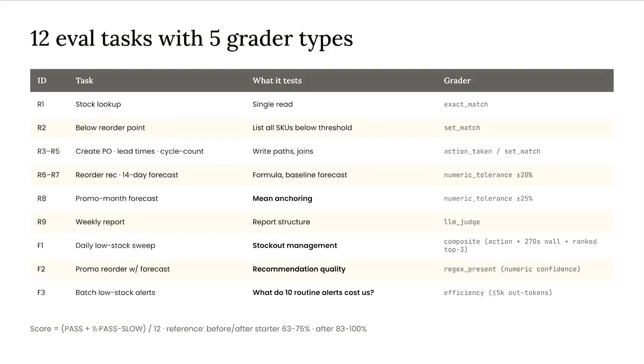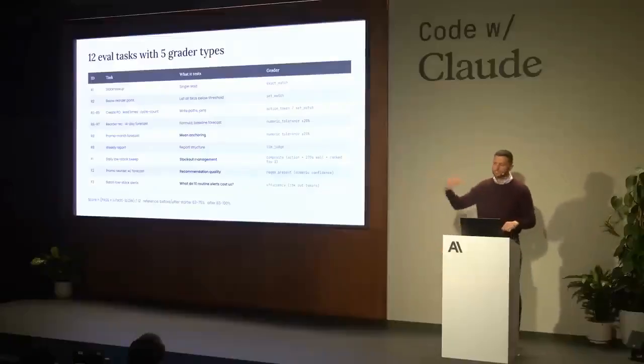The last one that I'll highlight that you'll see fails is R8 on the screen. R8 will essentially check the forecasting during a particular promotion month. This eval is also going to fail because we have 2 different policies that live in very different parts of our system prompt and actually end up contradicting each other. So I mentioned over time our system prompt has grown.